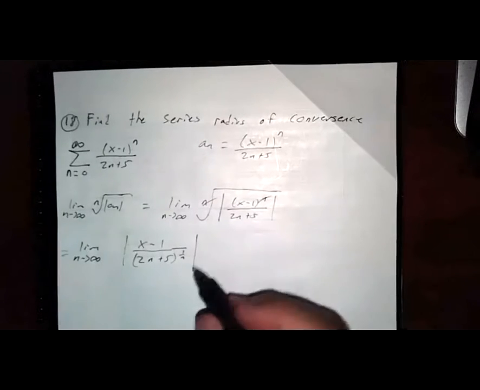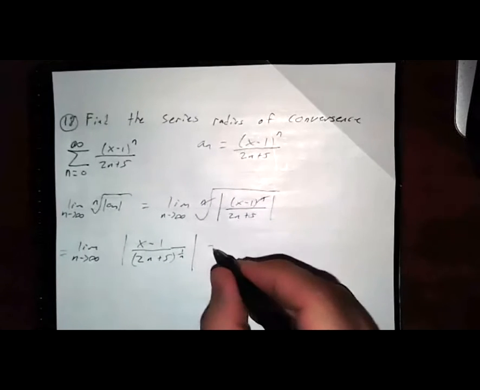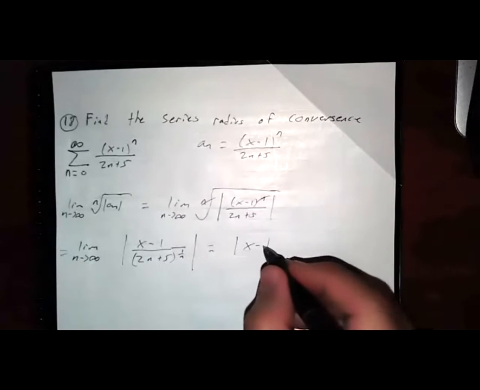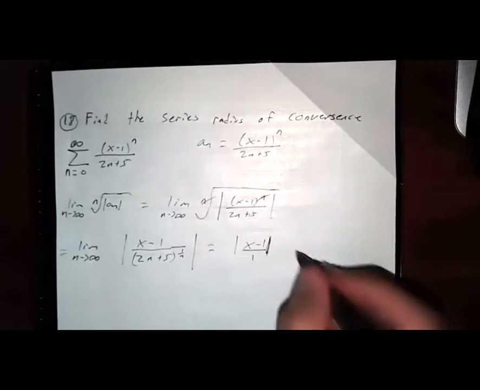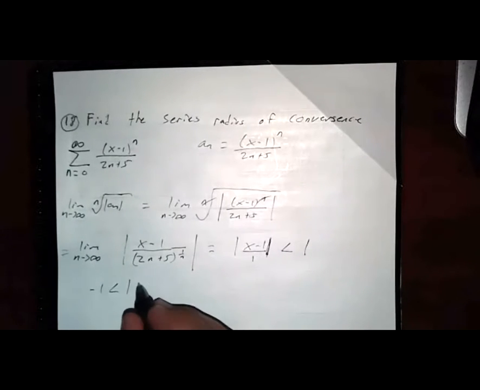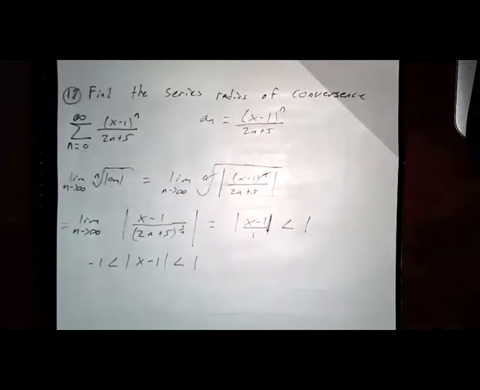When n goes to infinity, this will zero out, which means this will turn into a 1. So this becomes x minus 1 over 1, and that must be less than 1. So solve that inequality by removing the absolute value.